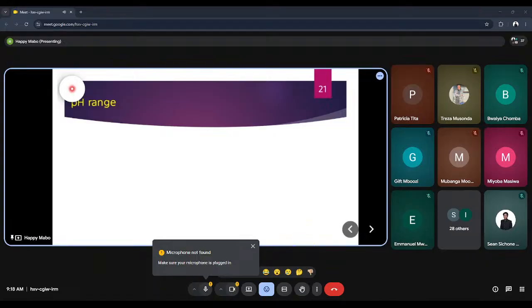The midpoint between 0 and 14 is 7.0, which is indicative of a pH that is considered neutral. So any substance whose pH is equal to 7.0 is considered to be a neutral substance.